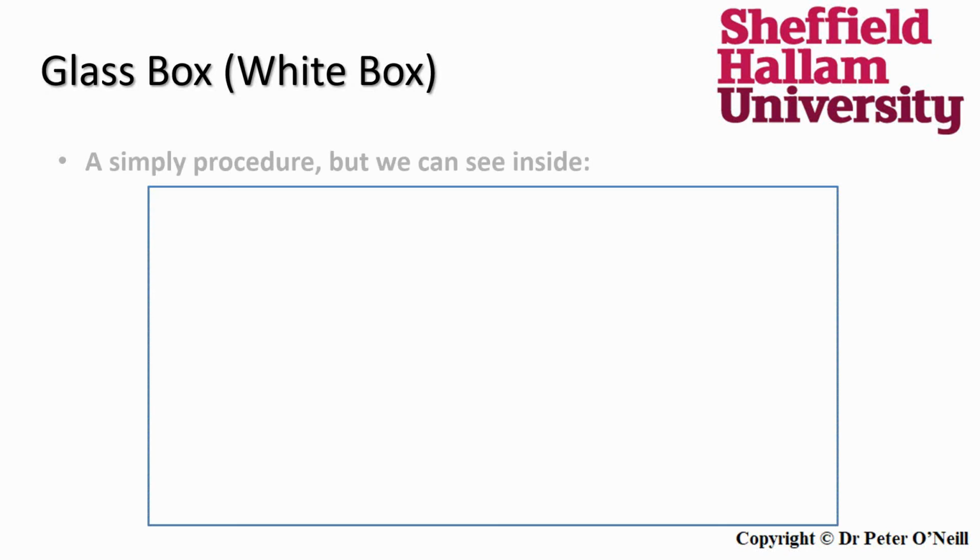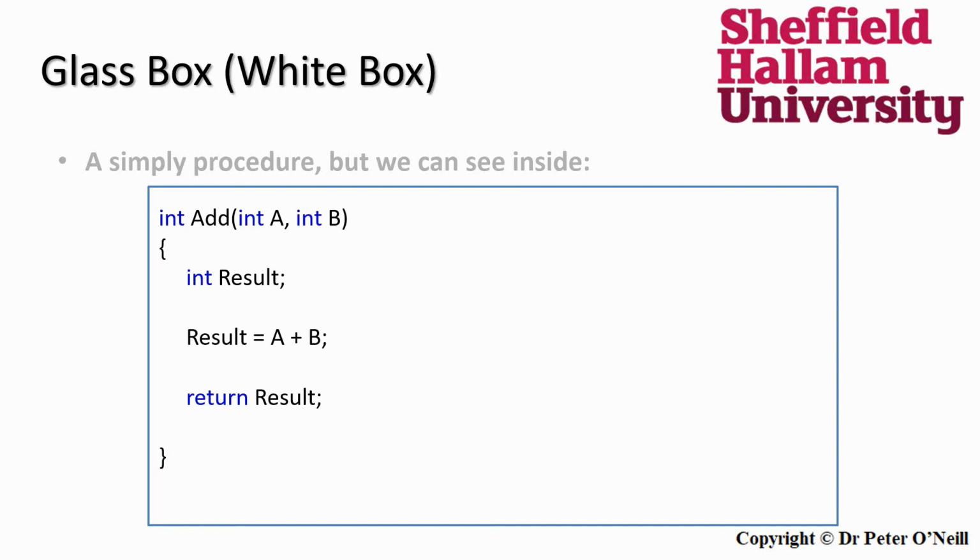White box testing. Okay, a simple procedure, but this one we can see inside. So here is our white box, with a blue border. Here is our code: int add(int a, int b) { result = a + b; return result; }. Let's quickly go through that.